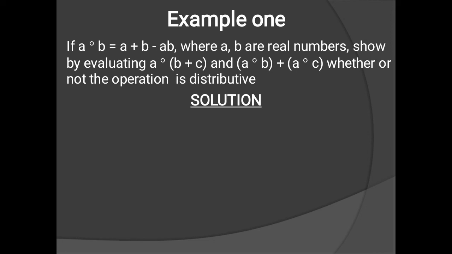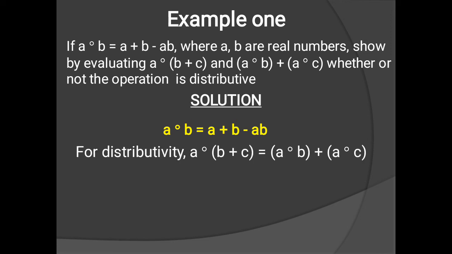So we state our rule, and then we state our condition for distributivity. Our rule is A operation B equals A plus B minus AB: first one plus second one minus first one times second one. Then our condition for distributivity is that A operation (B plus C) should be equal to (A operation B) plus (A operation C).